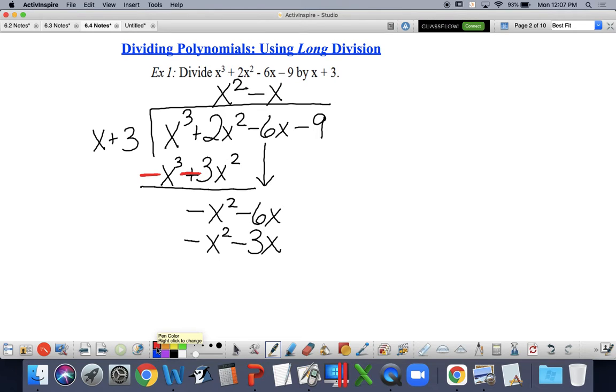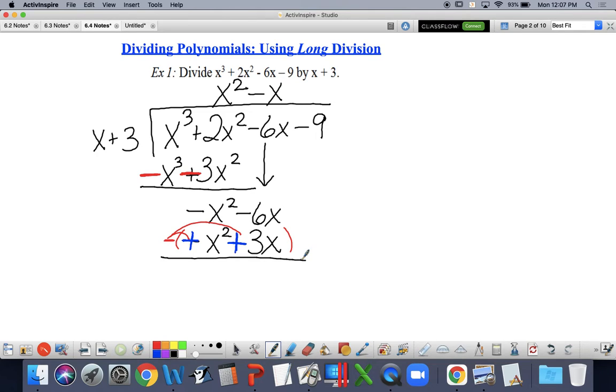I then change my signs, right? I'm going to be subtracting this, which, if I subtract this, it's going to wind up changing my sign. So now this is a positive x squared, and this is a positive 3x. I combine these together.